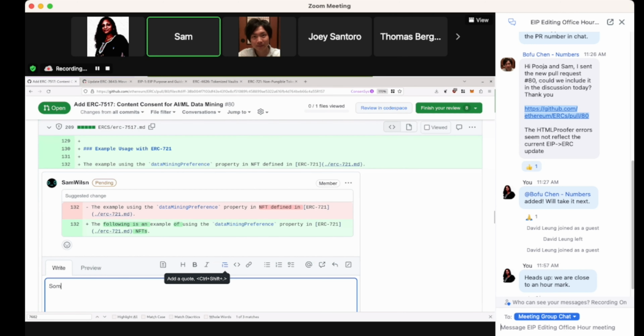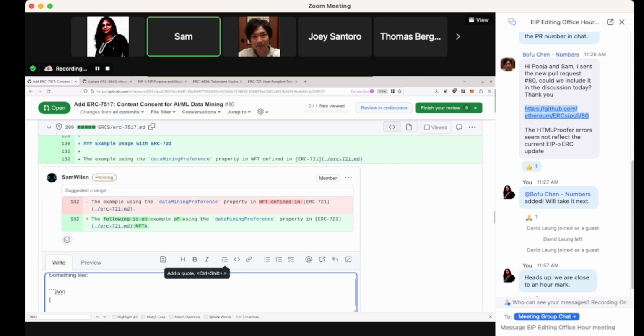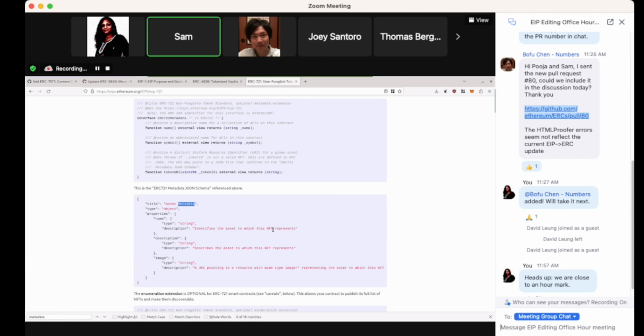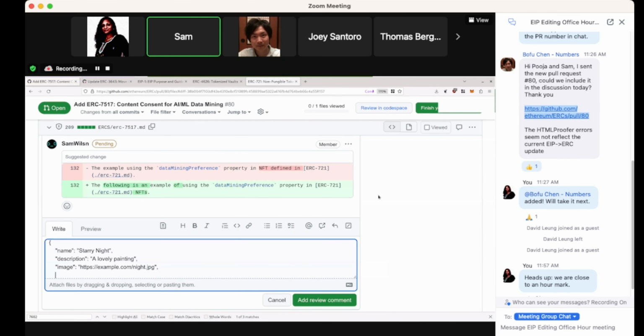Yeah, properties, name, description, image, perfect.